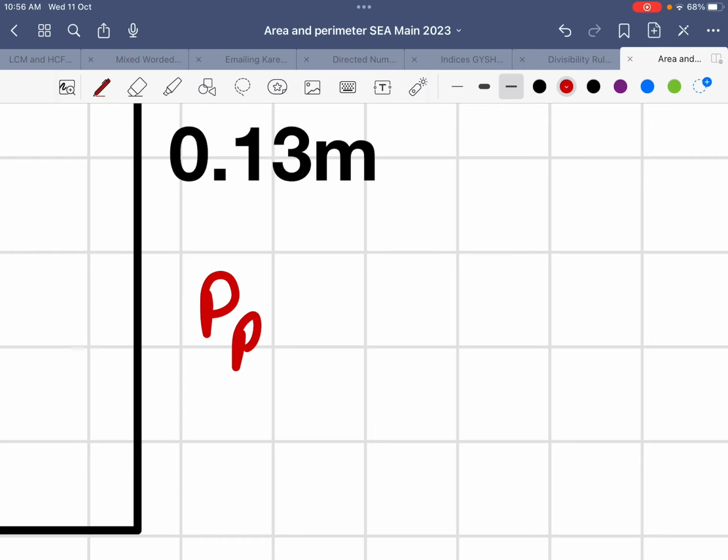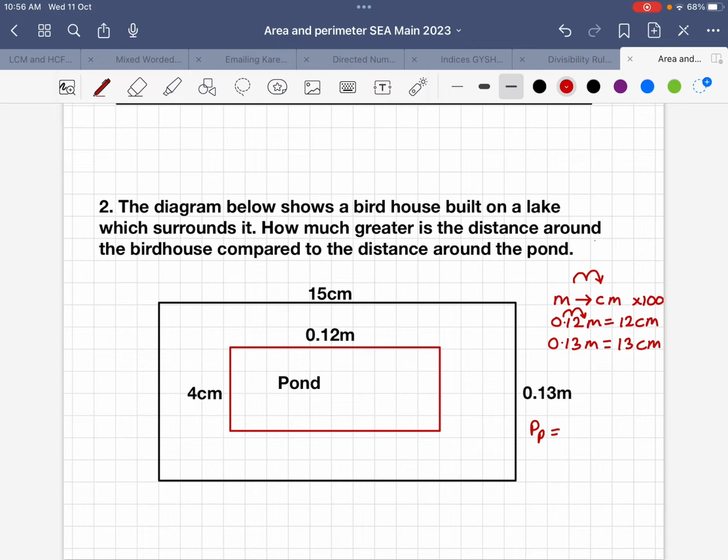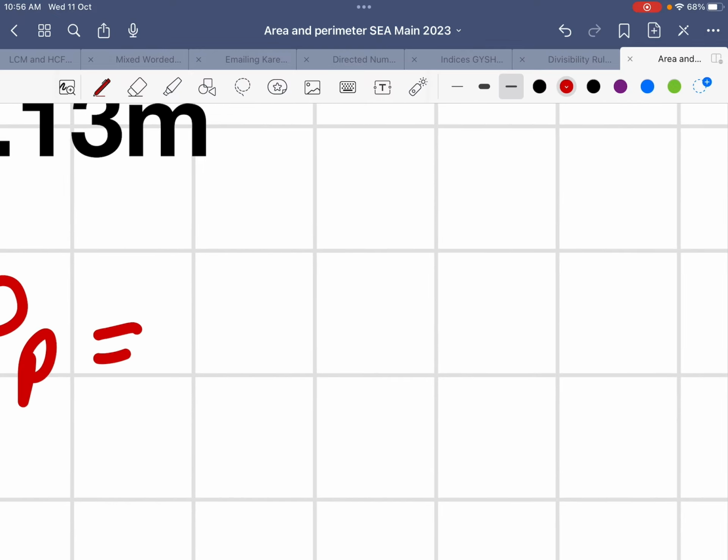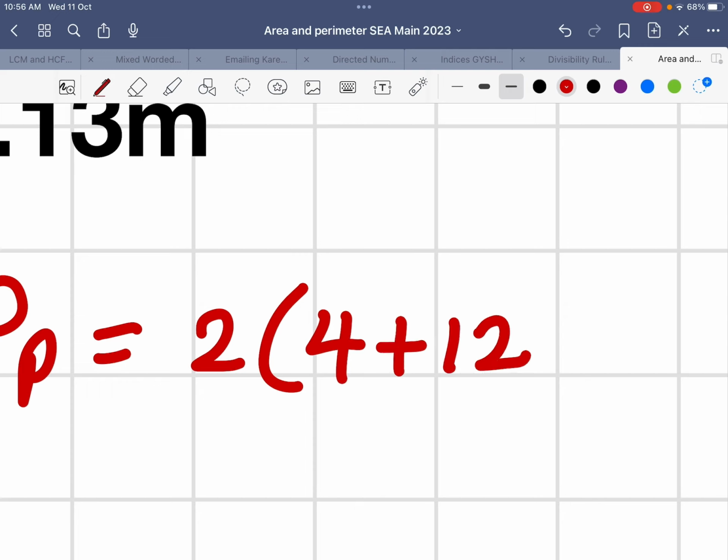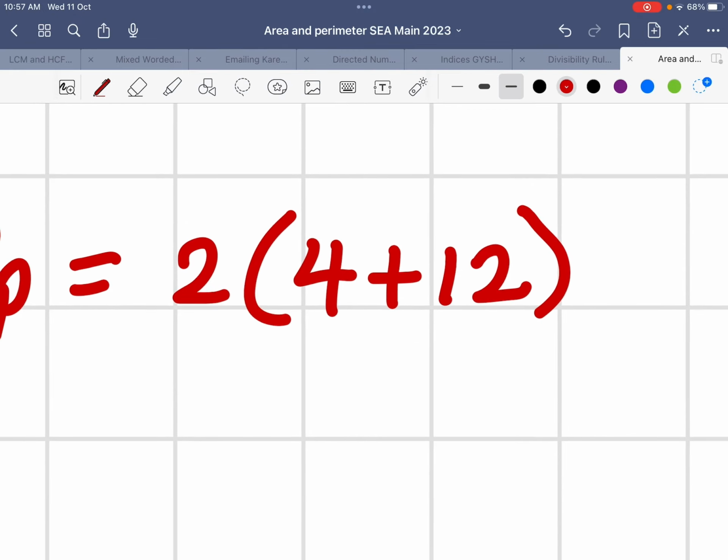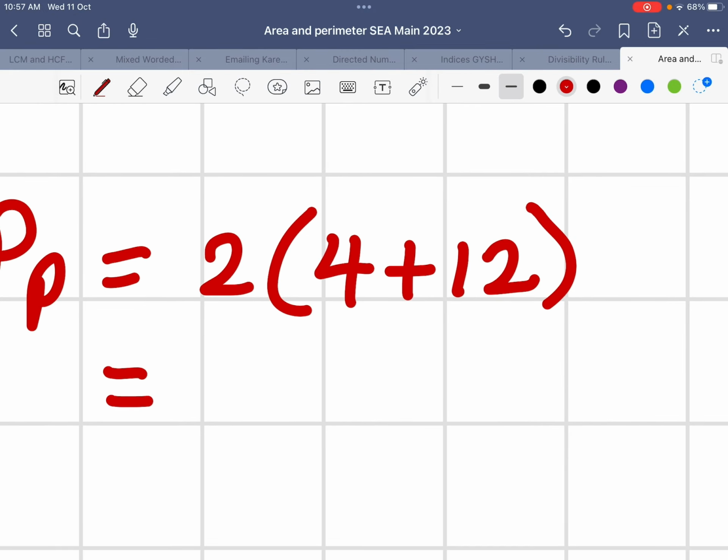The perimeter of the pond is equal to 2 times the width, which is 4, plus the length, which is 12. 4 plus 12 is 16. 16 times 2 is 32.